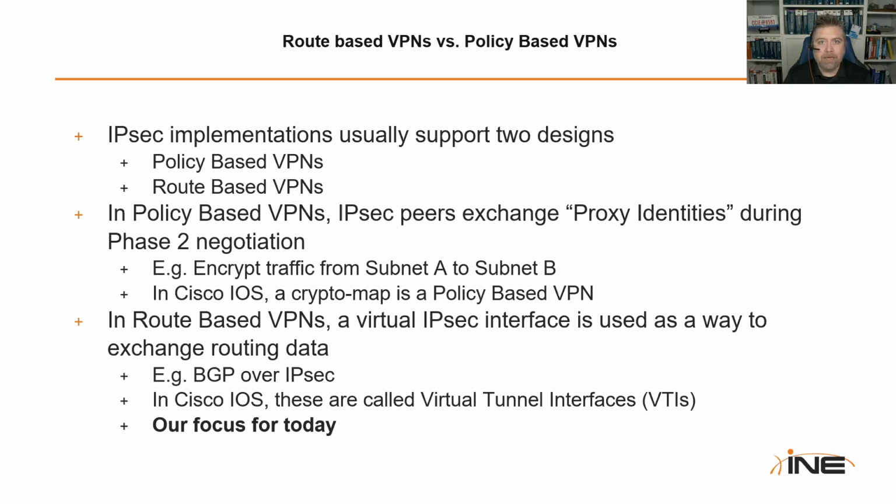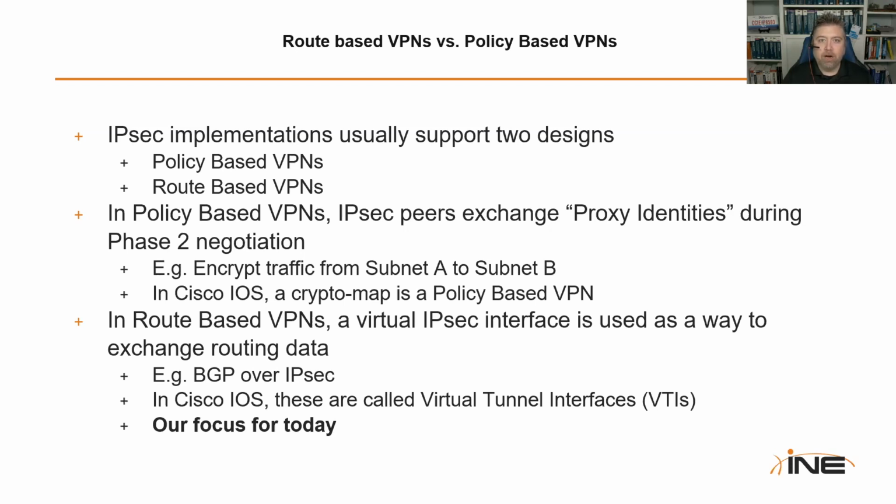It's not really recommended to use policy-based VPNs anymore because the syntax has been simplified with route-based VPNs, where we're using a virtual interface. Okay, the difference between them is that in policy-based VPNs, we don't support dynamic routing protocols, but in a route-based VPN, we could run OSPF, EIGRP, BGP, static routing, whatever routing protocol that we want across the IPsec tunnel and form an adjacency inside the encrypted tunnel.